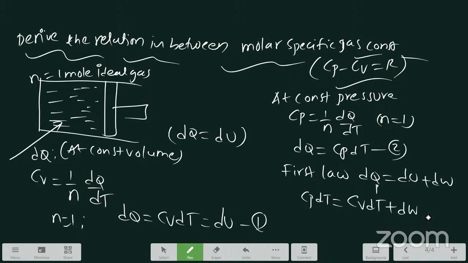Plus coming to the left side becomes minus. Now, here, Cp dt minus Cv dt equals dw. Work equals pressure into volume. This is the formula for work done by the gas, work done on the gas.